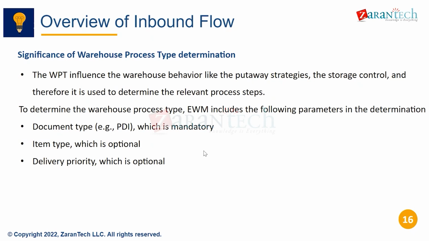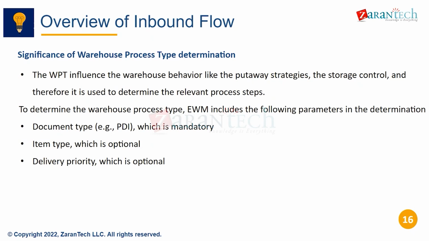Or there might be specific operators available in the warehouse who will be used only to perform the high priority delivery activities. So to differentiate that in the EWM system, the warehouse process type has to be maintained.